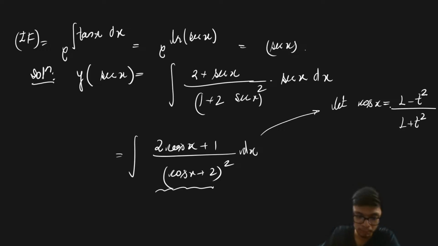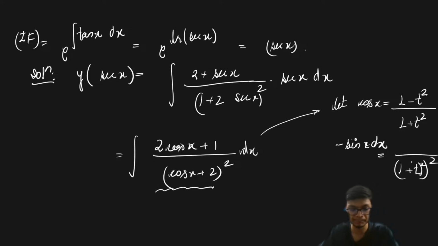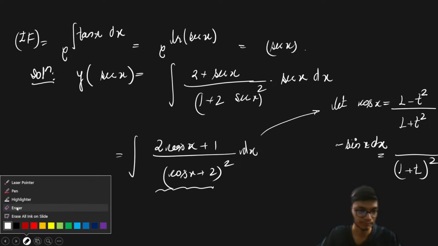So you will differentiate both the sides, and you will get that minus of sin x dx is basically equal to the differentiation of this particular term. If you differentiate this, it is going to be (1 plus t square) whole square, right? I know you can do this differentiation by yourself.